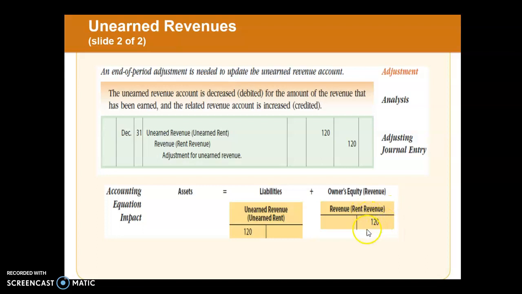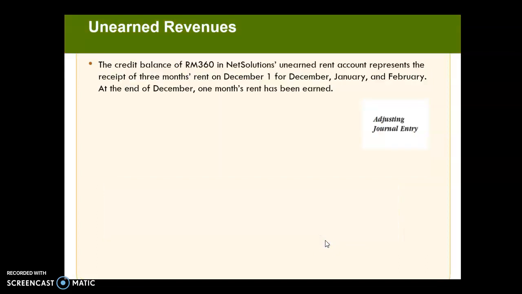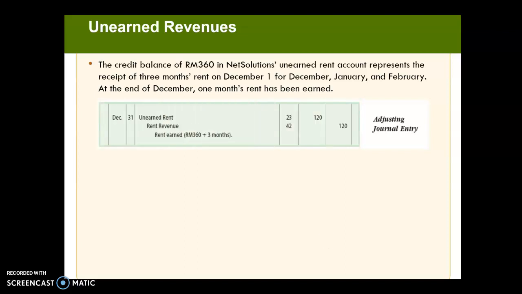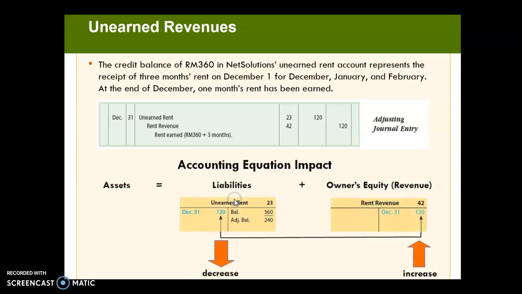This is earned revenue, right? So the other 240 is meant for January and February rent payment.